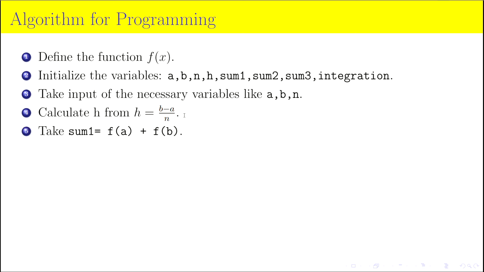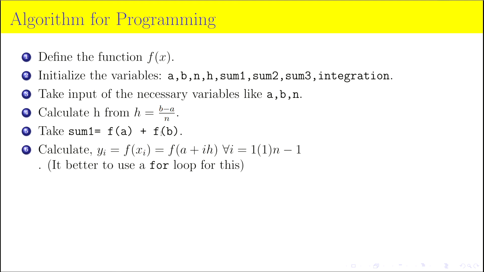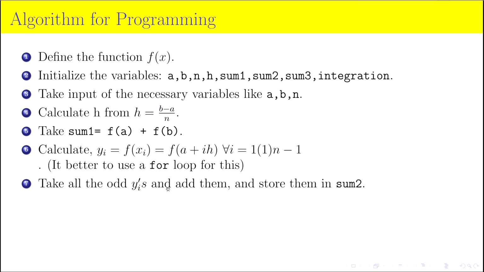Then we have to take sum1, which will be the value of the function at the lower limit and the upper limit, that is sum1 = f(a) + f(b). Then we have to calculate the yi's for all xi's, i = 1 up to n-1, using a for loop. After this, we have to find all the odd yi's and sum them into sum2.